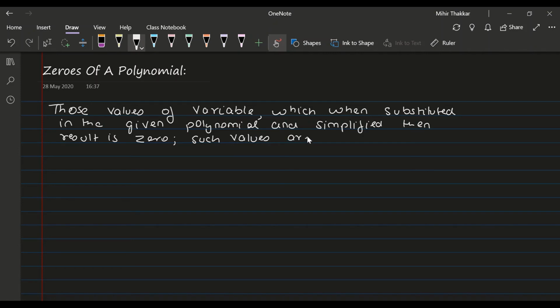Such values are called zeros of the polynomial.